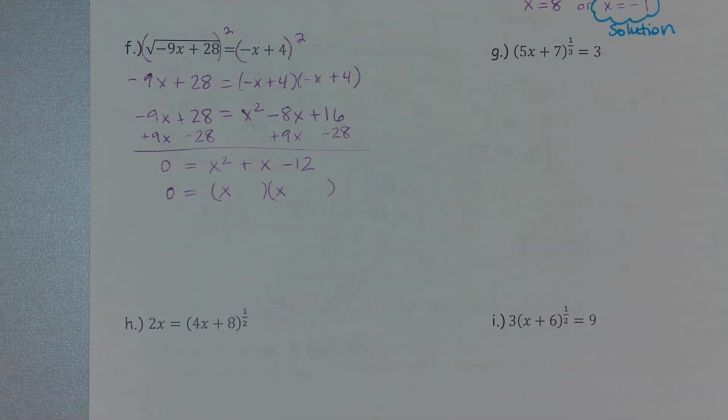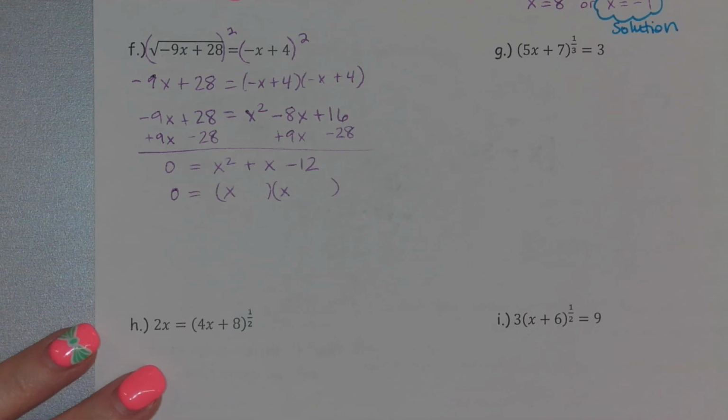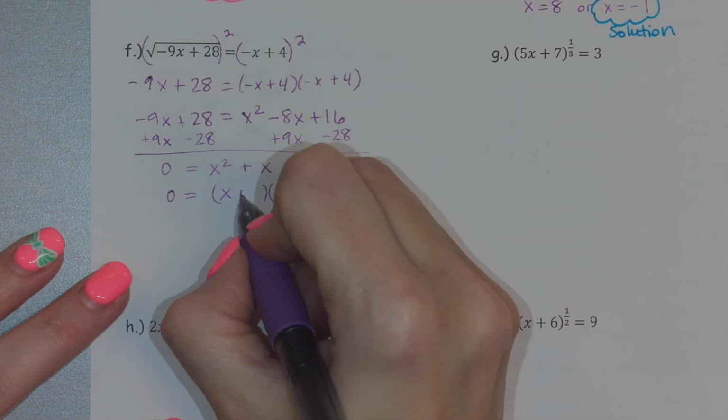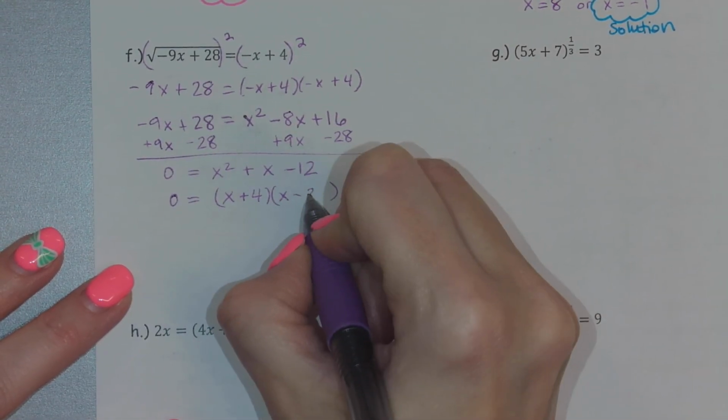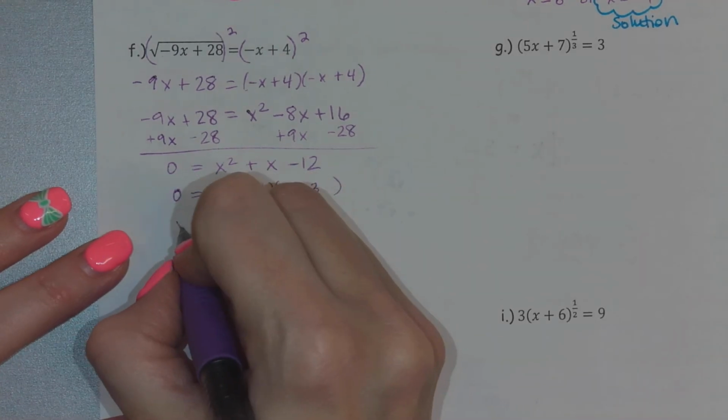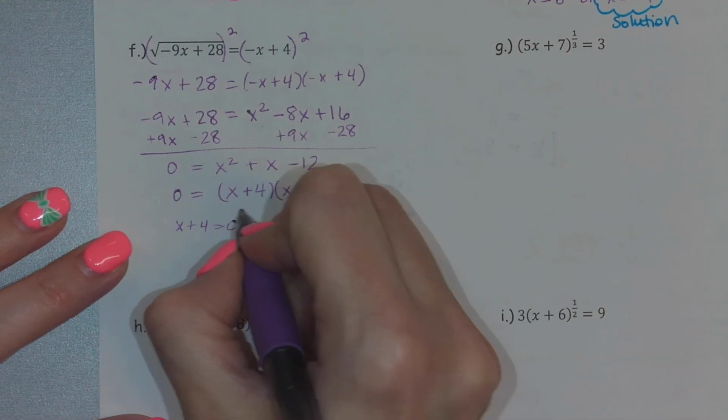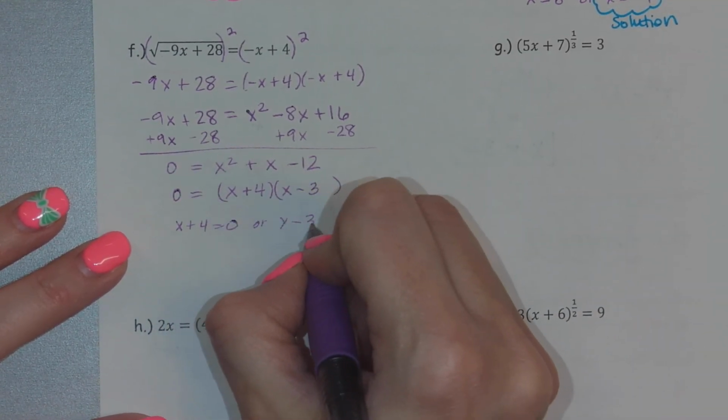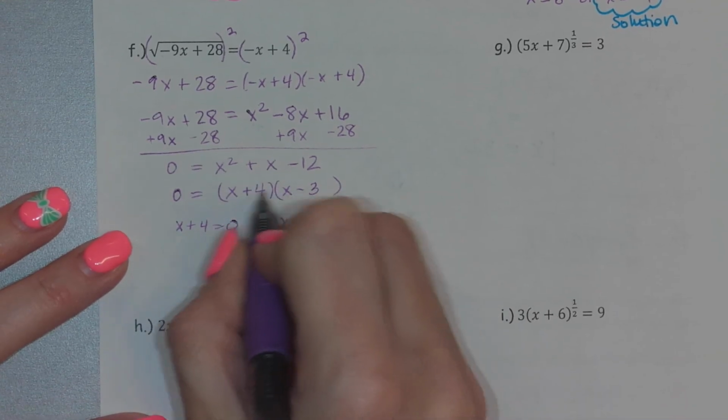Okay, so I'm looking for two numbers that multiply to -12 and add to 1. Okay, Haley, let me know when you get that factored. Yep, +4, -3, great.